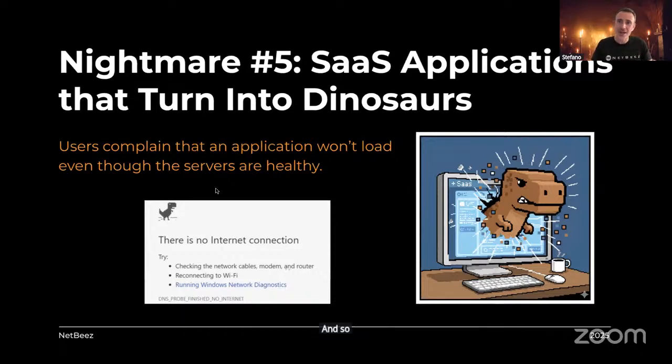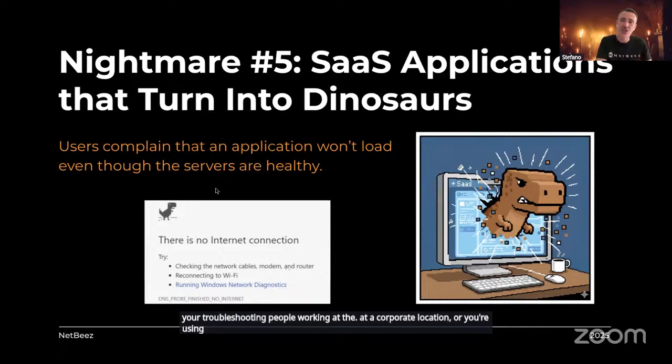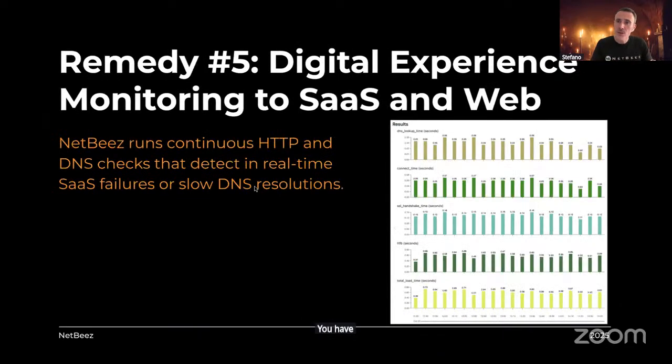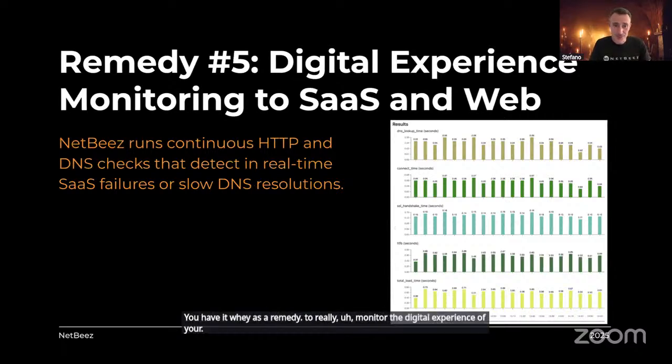And so this is where NetBees comes in, whether you're using an appliance because you're troubleshooting people working at a corporate location, or you're using the NetBees endpoint agent if they work remotely, you have a way to really monitor the digital experience of your users.